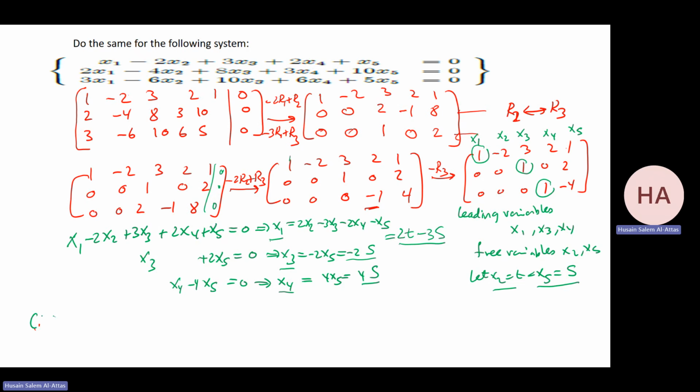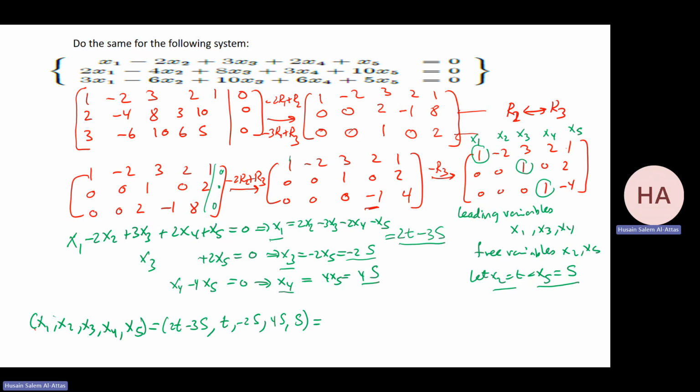So I write the solution in terms of s and t, so I can take common factors. x1 is 2t minus 3s. x2 is t. x3 is minus 2s. x4 is 4s. x5 is s.